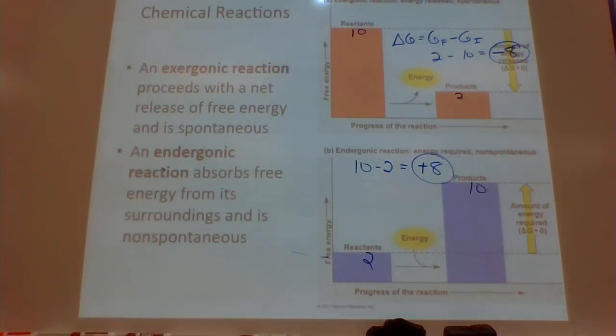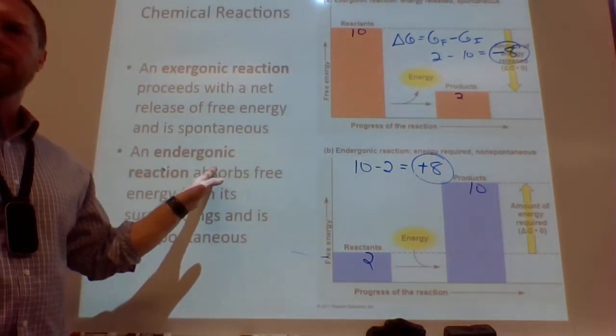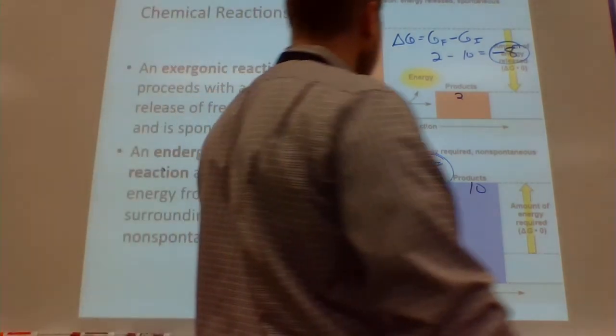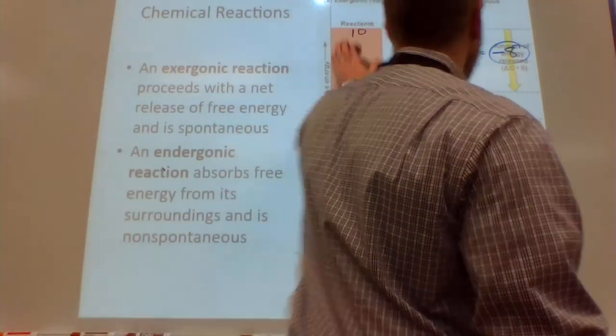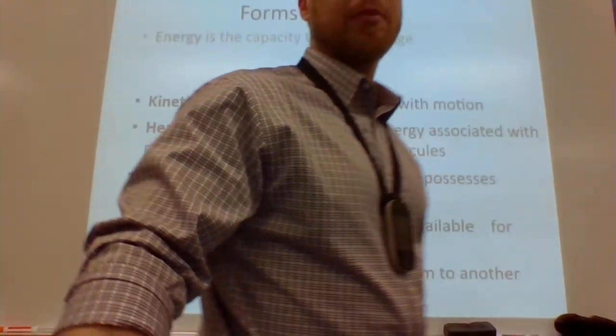And a positive delta G means that this reaction is consuming energy. It is an endergonic reaction if it has a positive delta G. We're all okay? This is non-spontaneous because you have to put energy into the system.